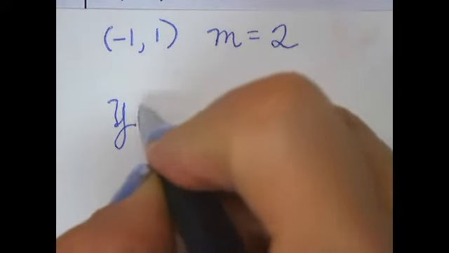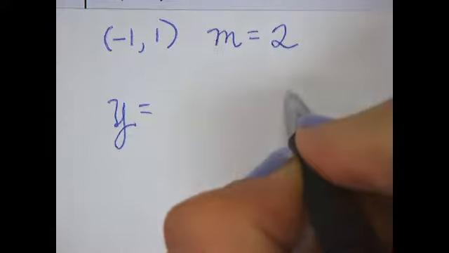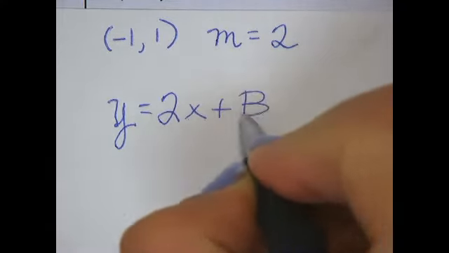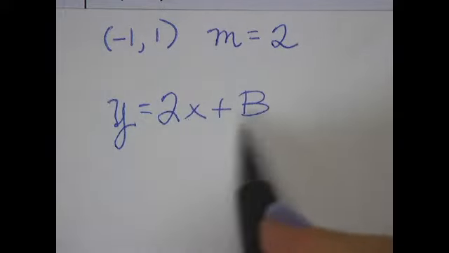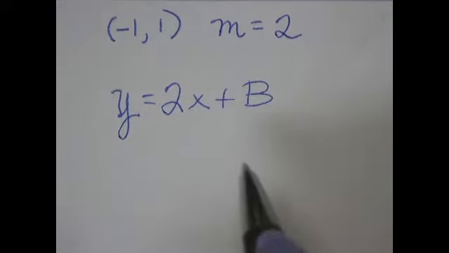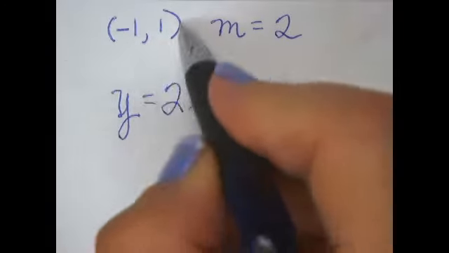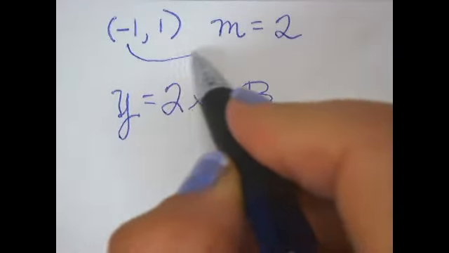Okay. So then from there, we go ahead and do some arithmetic or some algebra. So we're going to start with this basic equation, y equals mx plus b, but we know m is 2, so we're starting with this formula. And I'm going to do a capital B just so we don't mistake it as a 6.